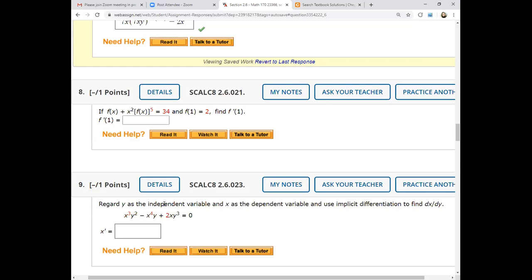So I've done the derivative of the second one. Now I have to do the first one, so I multiply that by x squared.